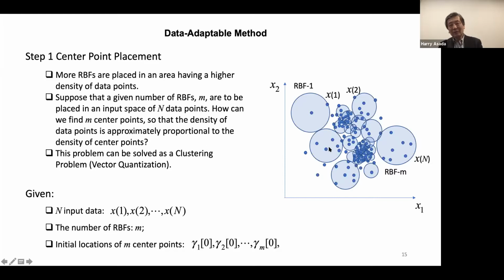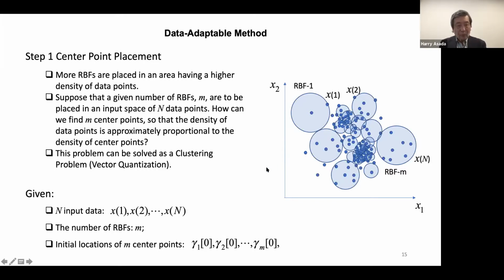This is a complex problem, one of the basic AI and machine learning problems. It can be solved as a clustering problem or vector quantization problem. So, we introduce one method and then let's solve this problem.